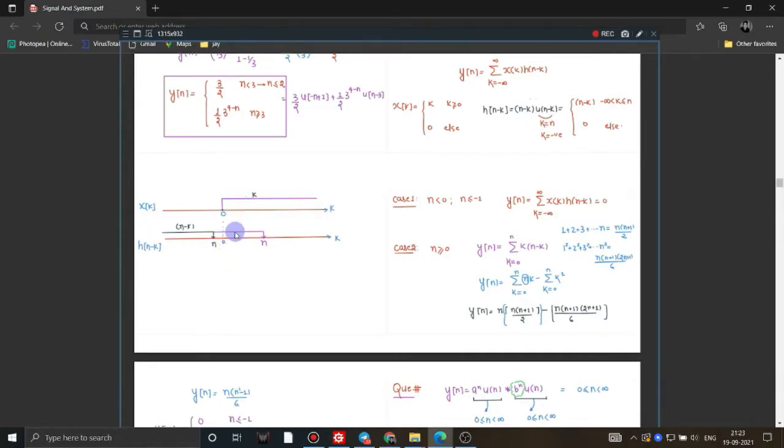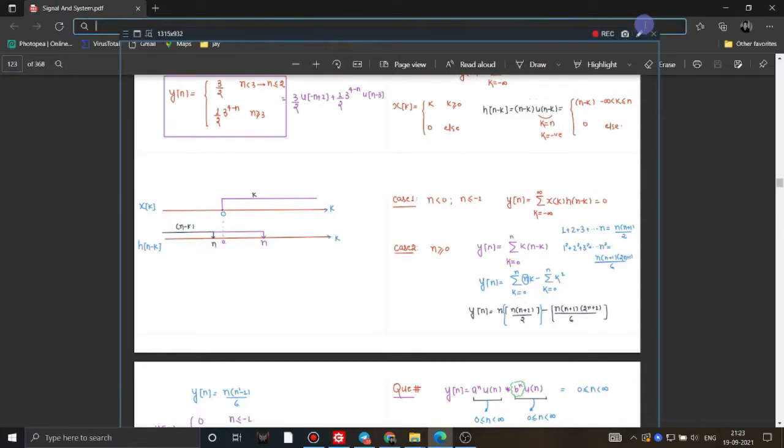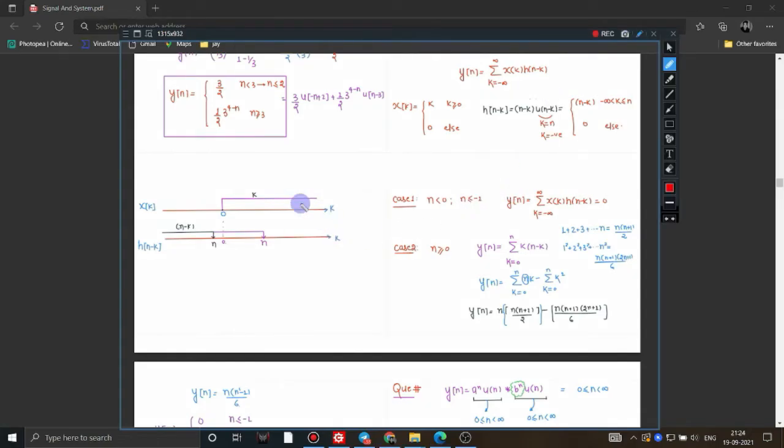So if you multiply both of these, this graph from minus infinity to n will multiply by this value, which is 0, and this graph right here will multiply by this, which for now is also 0, because our graph is from minus infinity to here. So in case number 1, the value we get is 0.